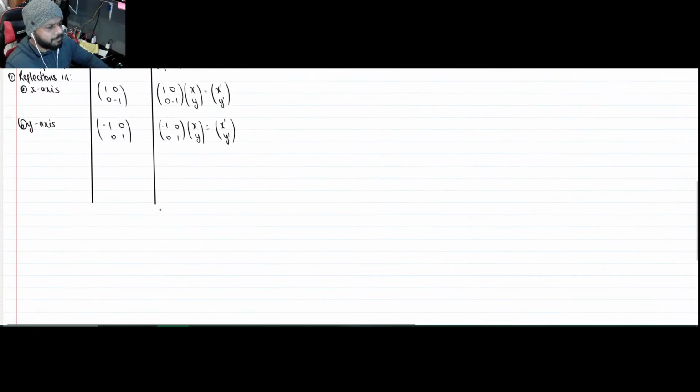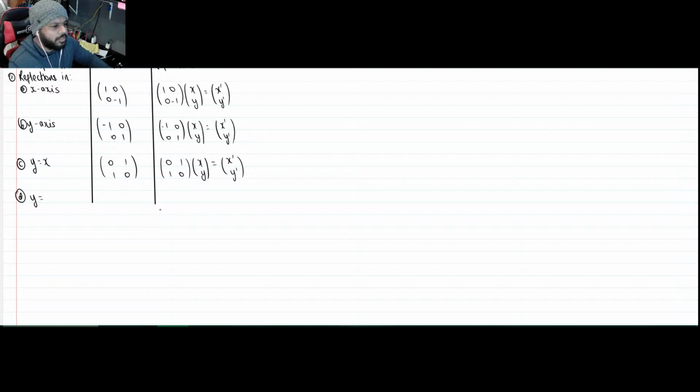Part C, same procedure, different numbers. This is a reflection in the line y is equal to x. I will have 0, 1, 1, 0. So the equation will be 0, 1, 1, 0 multiplied by my object point (x, y). This will give me my image point (x prime, y prime). And the last common one is y is equal to negative x.